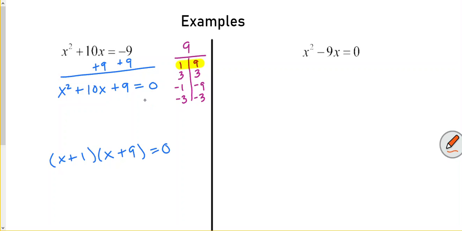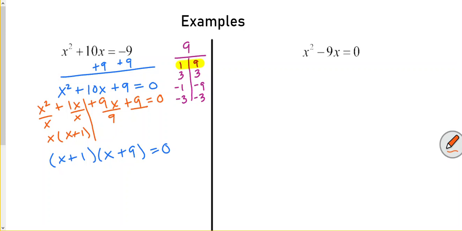I am going to go through the whole factoring process if you still need to do that. So if I'm factoring, I would rewrite it with x squared plus 1x plus 9x plus 9 equals 0. Split it in half. My GCF of the first two is x, which leaves me with x on the outside and an x plus 1 on the inside.